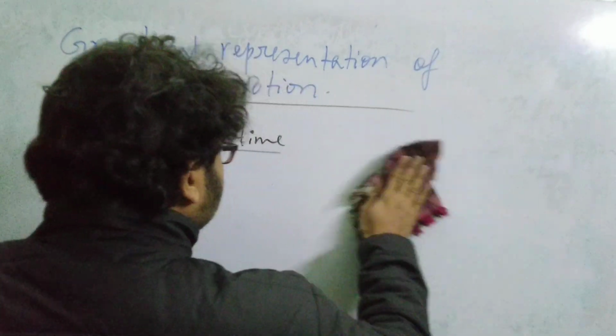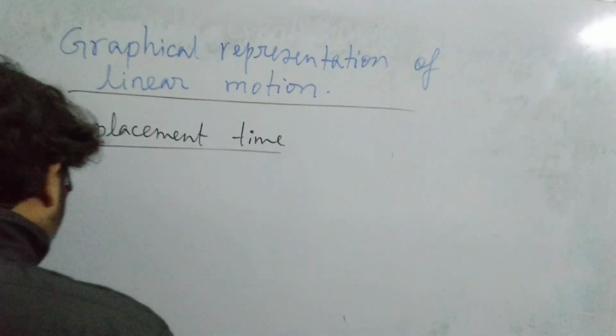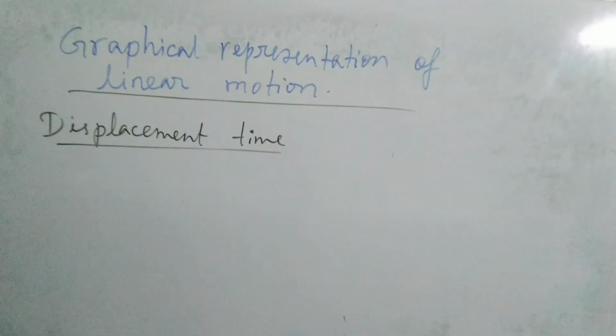Now from the displacement time graph, what you can determine is the velocity. How can you determine the velocity? There is something called the slope of a graph.